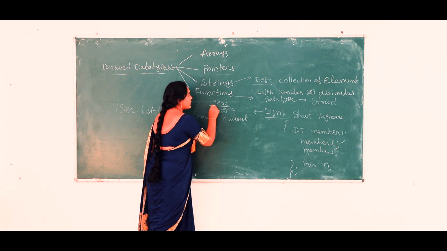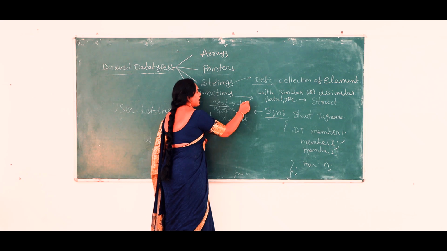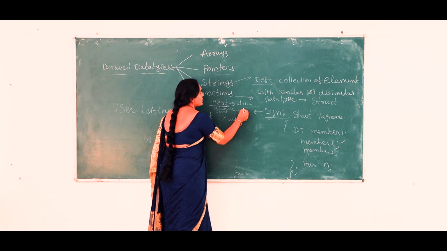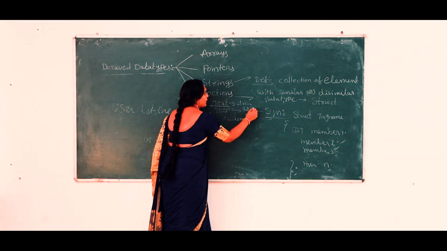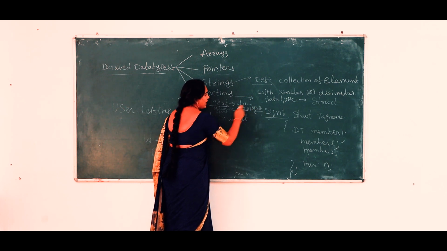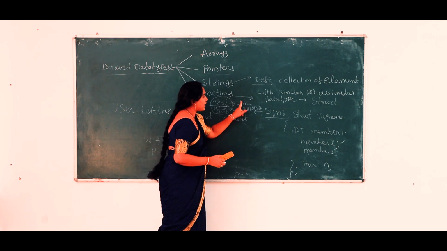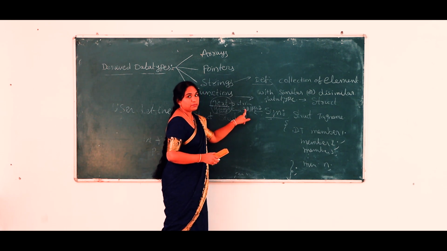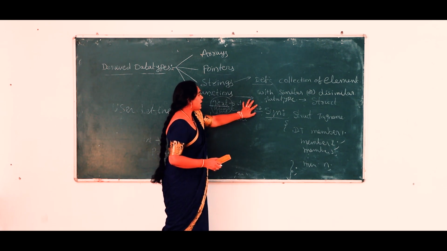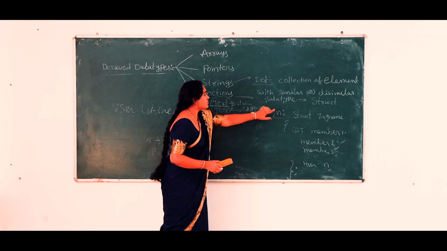We know text we can use as the string data type, and numeric we can use integer or float. Right? Here the student has different data types, that is, dissimilar data types. These dissimilar data types we are using under the structure.